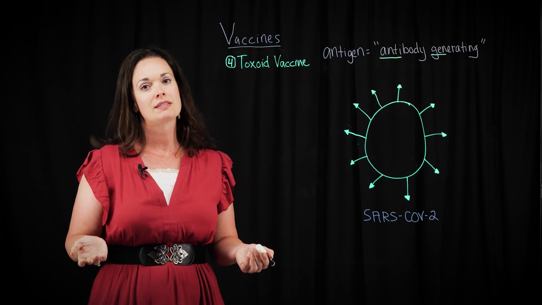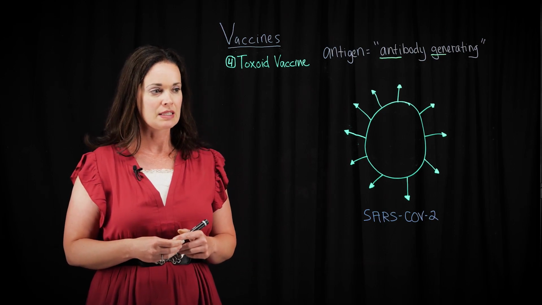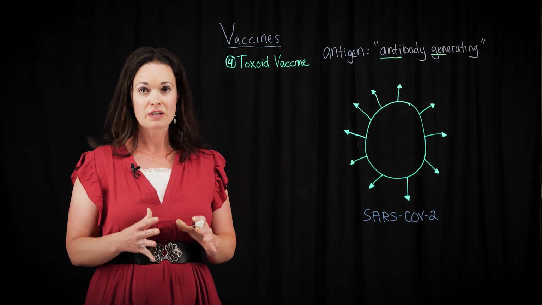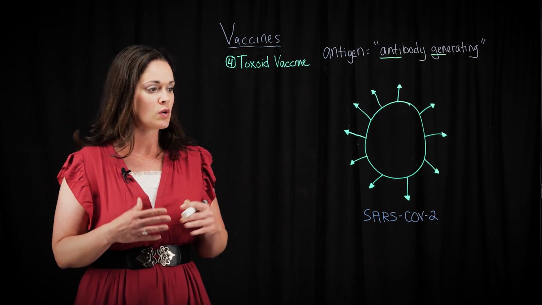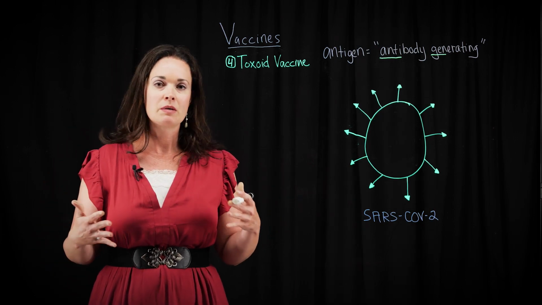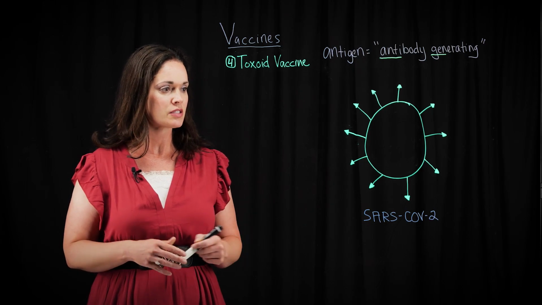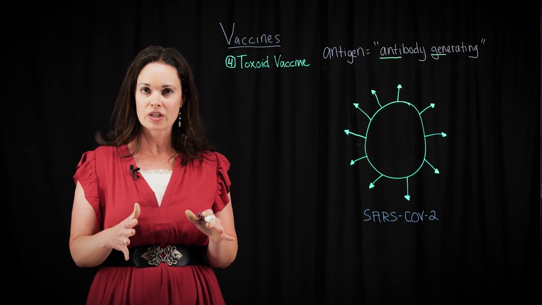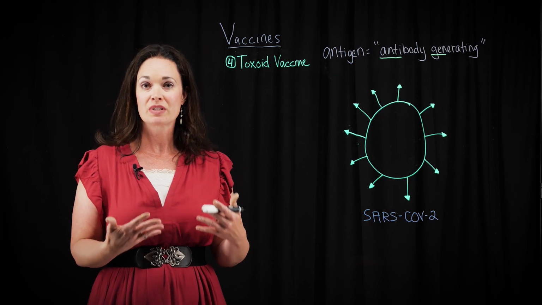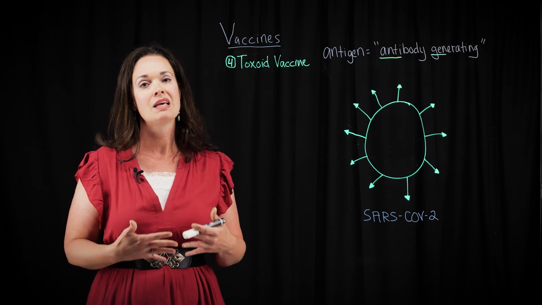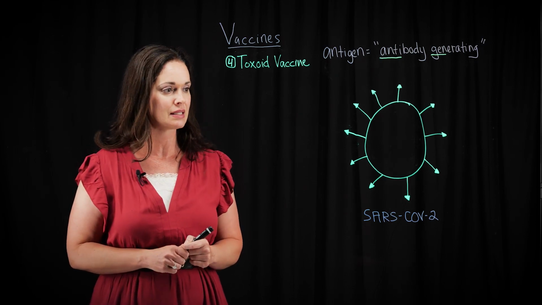So a fourth type of vaccine is what's known as a toxoid vaccine. These are very, very specific for certain bacteria. So SARS is not a bacterium, it's a virus, but there are certain bacteria that are not antigenic in and of themselves, but they produce a toxin that when it gets into the body is antigenic.